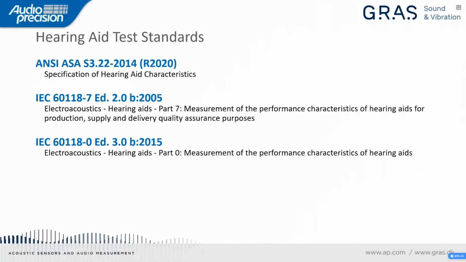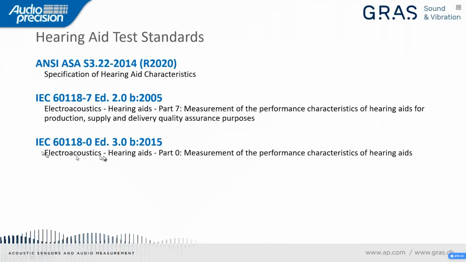This covers a wider frequency range. I think it goes from 200 hertz to 8 kilohertz, whereas the production test standards cover 200 hertz to 5 kilohertz. There are also some additional tests in the Part 0 standard that are not part of Part 7 and the ANSI S3.22 standards.